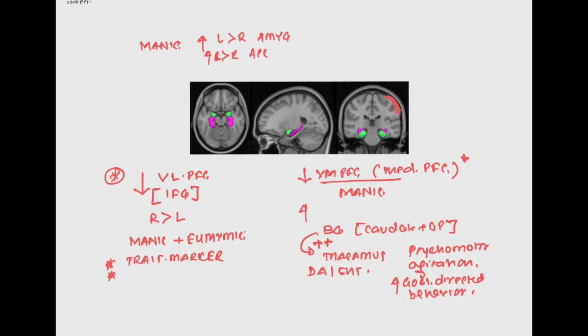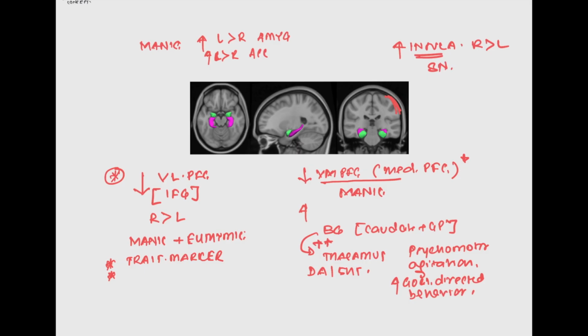The last thing that is seen in patients with bipolar disorder, especially manic episode, is an increase in the activation of the insula, especially the right more than the left. Now, what's the function of insula? As we all know, insula is also a part of your salience network, right?